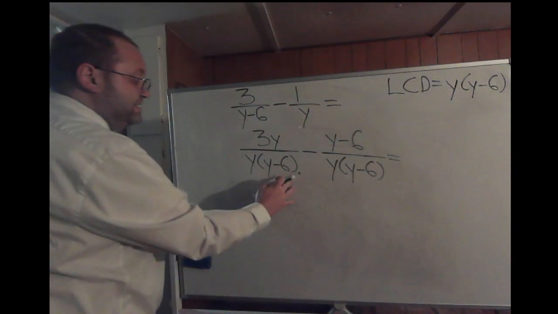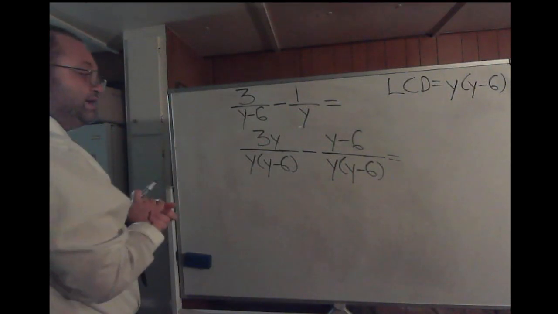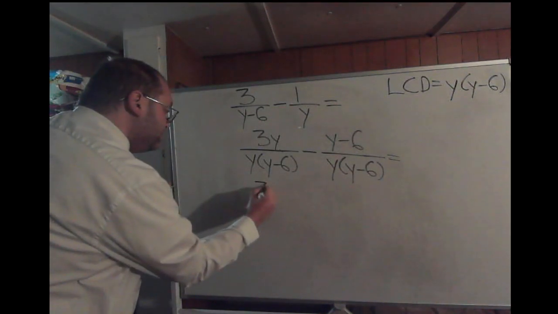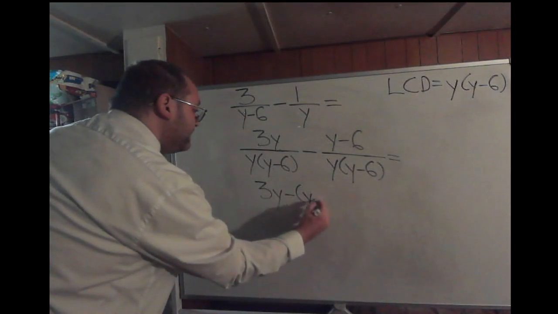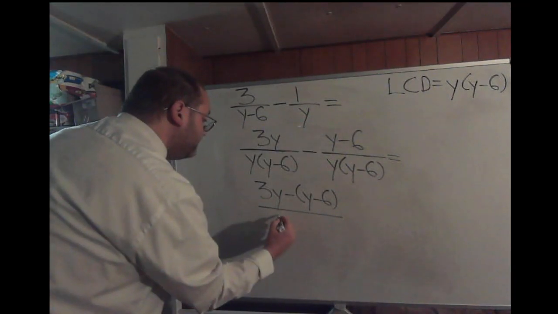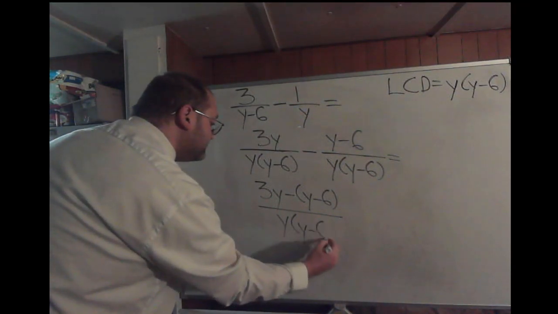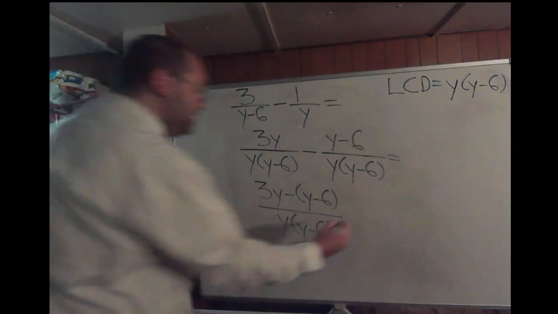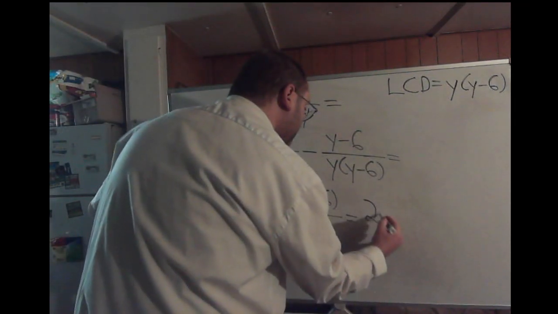Now we have the same denominator of y times y minus 6. We can go ahead and do the subtraction. You would get 3y minus the quantity of y minus 6 all over y times y minus 6. Which, when we do that math, 3y minus y, that's 2y.